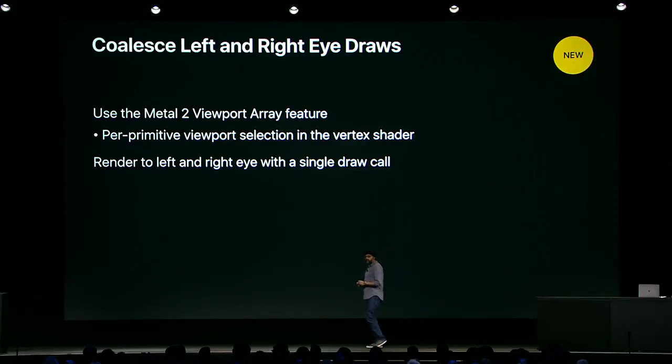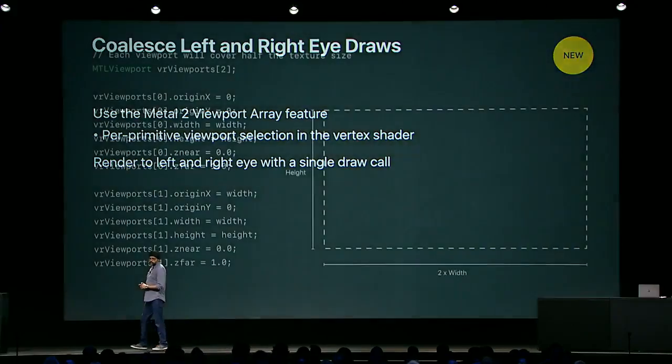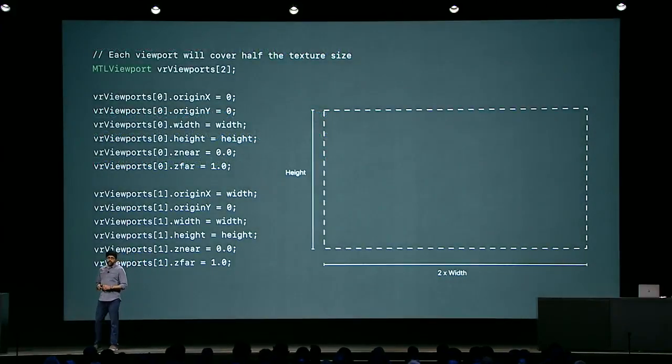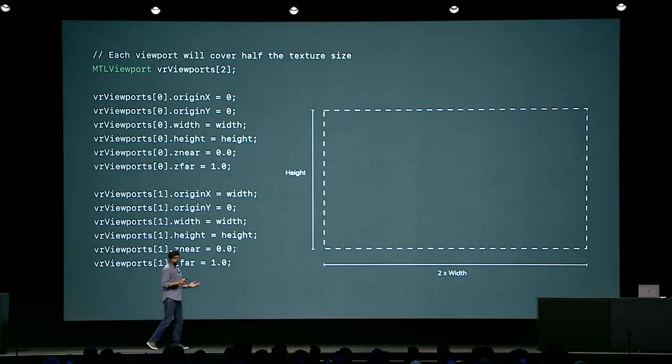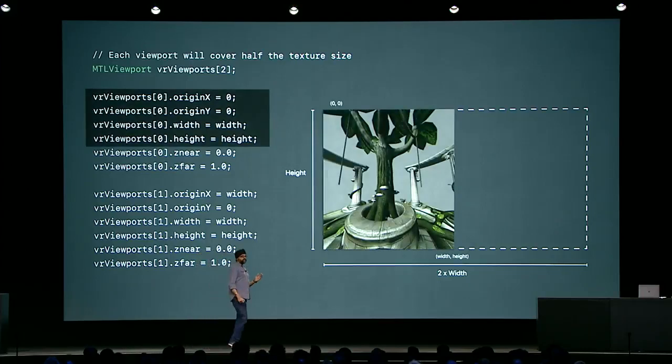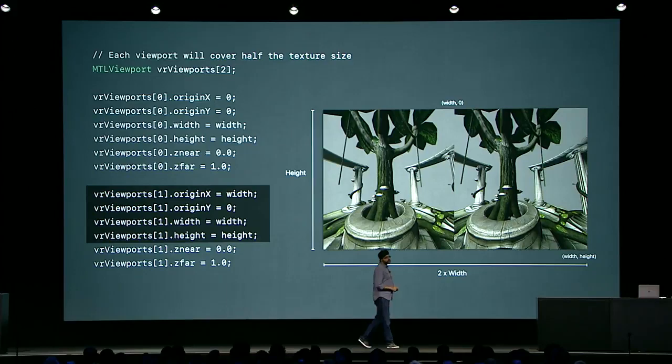So let's take a look at an example of how you can adopt viewport array for your Metal app using instancing. The first thing I want to point out is that you'll need to create a texture that's twice as wide, because you'll now be rendering both the left and right eye scene to the same texture. And then you simply create your viewport array that defines the bounds for your left and your right eye viewports.